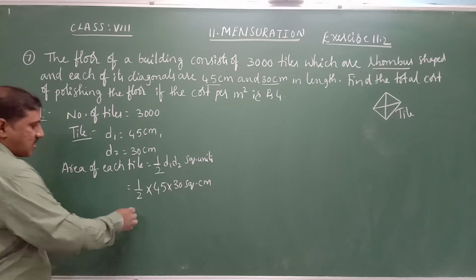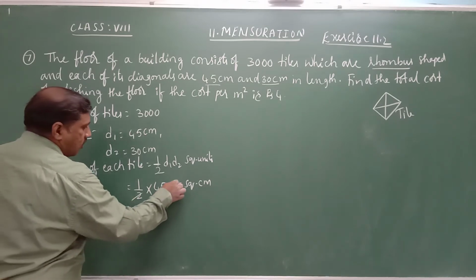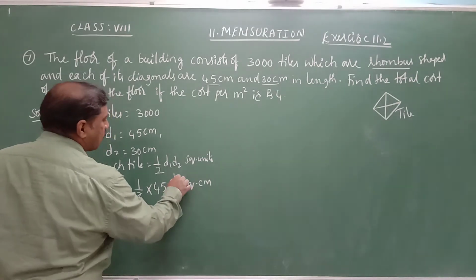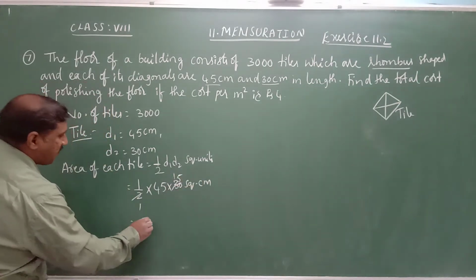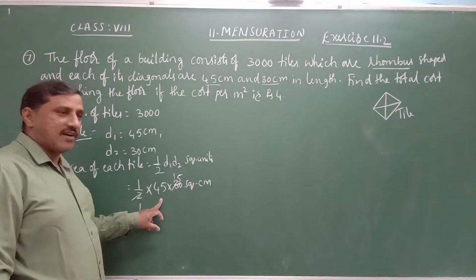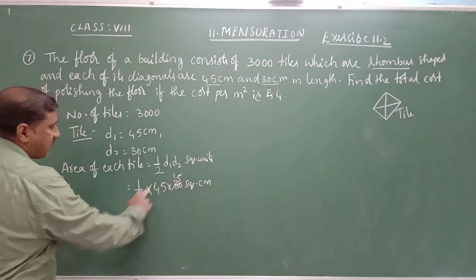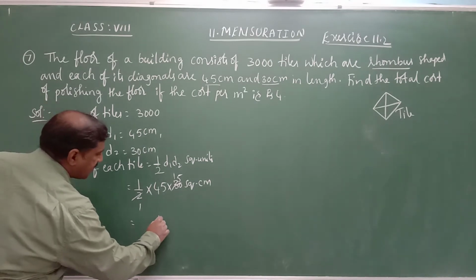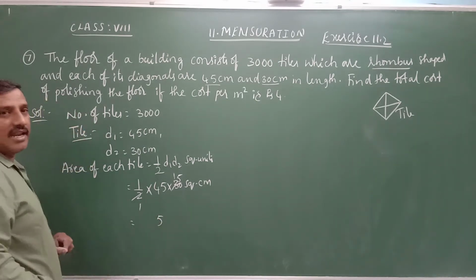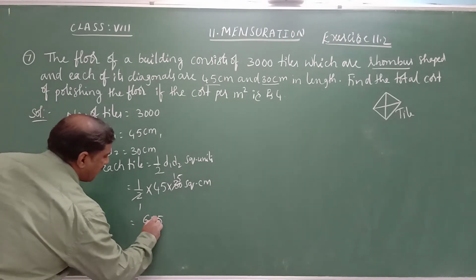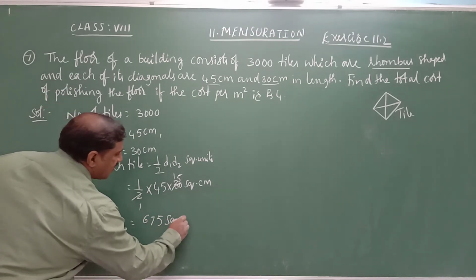Now go for calculations. 2 ones are 2, 2 threes are 6... 3 minus 2 is 1, then bring 0, 10, 2 fives are 10. Now multiply 1 into 45 into 15 square centimeters. So 15 fives are 75, 7 is carry. 15 fours are 60, 60 plus 7 is 67, so 675 square centimeters.